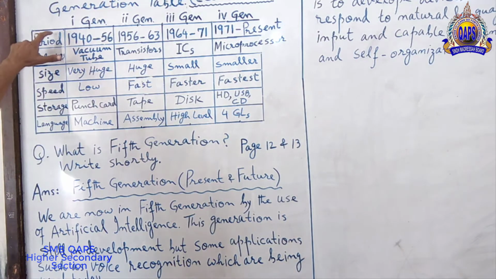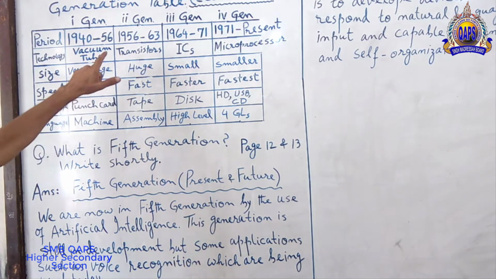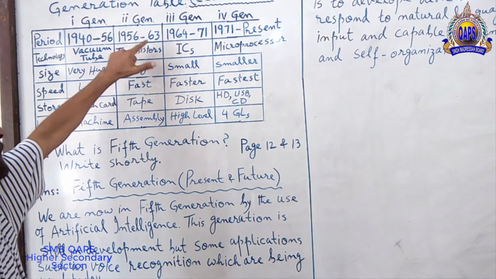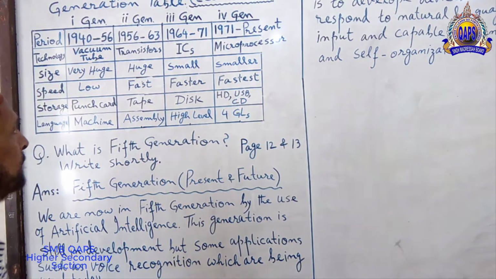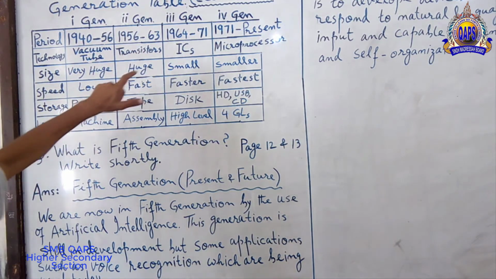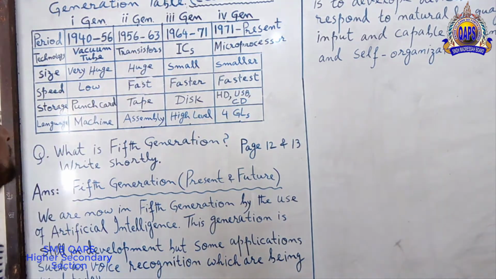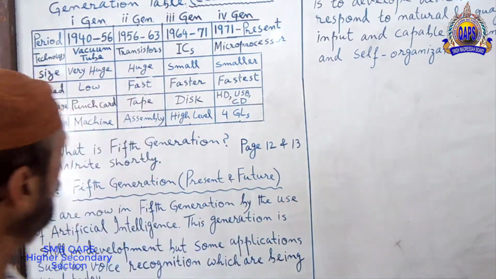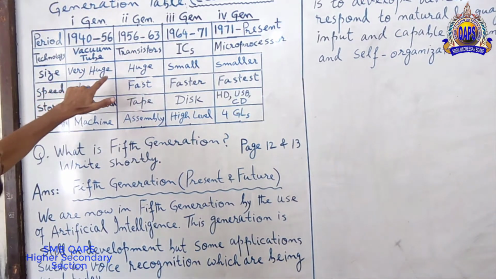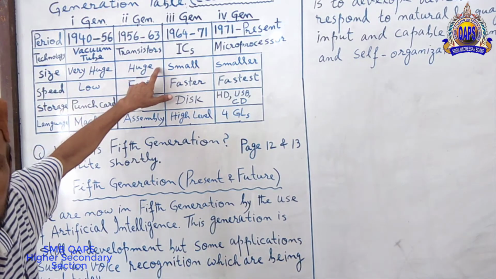Now, period 1956-63, that is second generation. Second generation used the technology, transistors, size a little bit smaller than the first generation. So in first generation very huge, and second generation huge only.